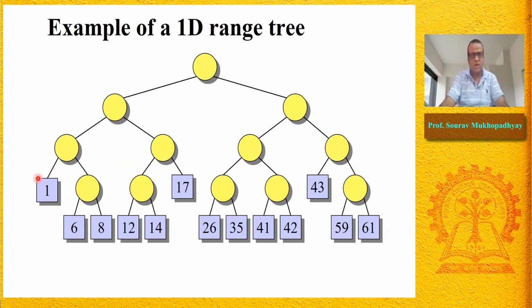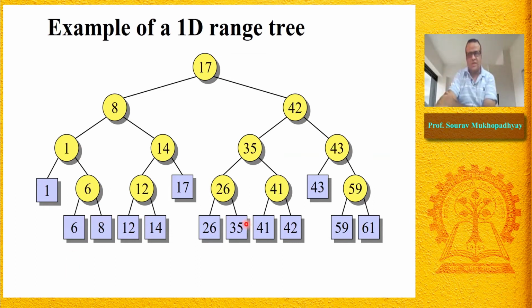But usually we put the maximum value that lies in the left subtree. So we put 1 over here. Similarly, we put 6 over here, we put 12 over here, and over here the maximum value lies in the left subtree, so the maximum is 14, and we put 14. Any value between 8 and 12 would be fine, but we want a symmetric arrangement, so we put 8 over here.